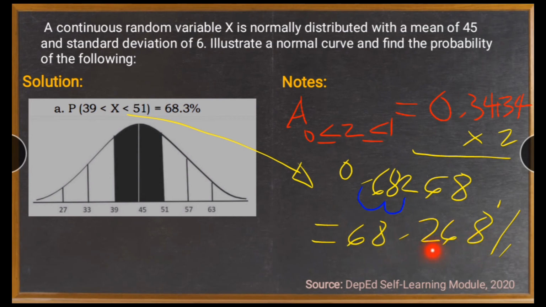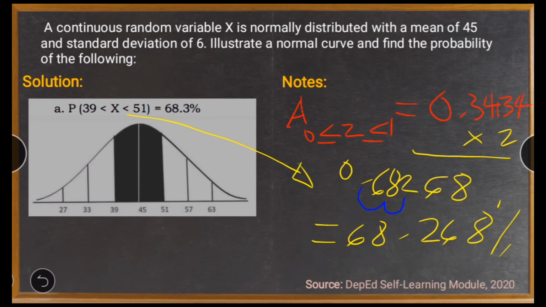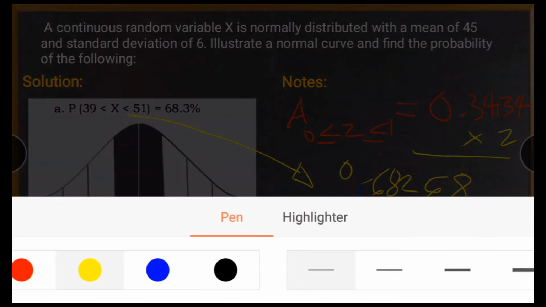When we round it off to the nearest tenths, since this is 6, 2 plus 1 is 3, meaning 68.3%.